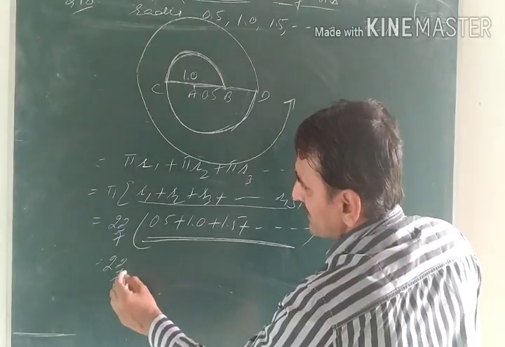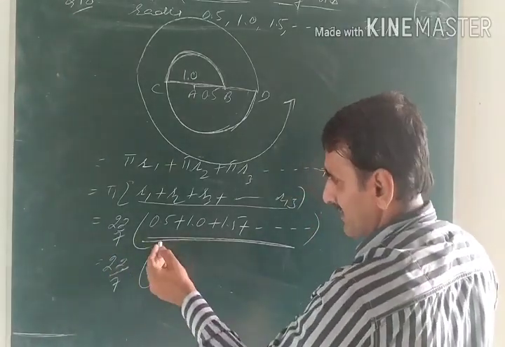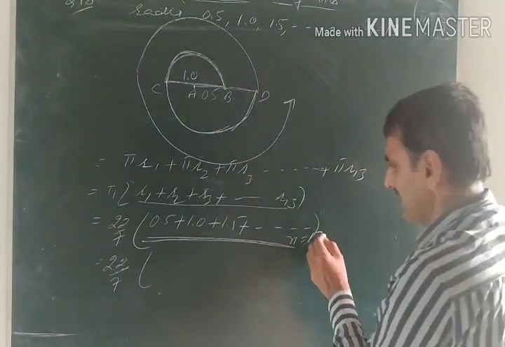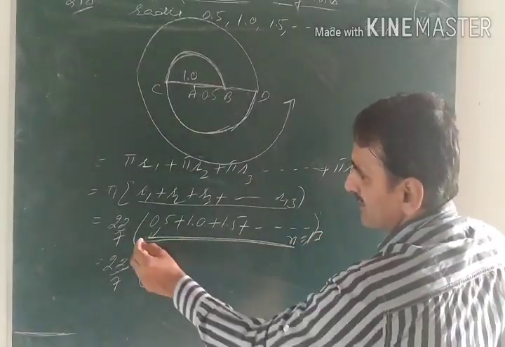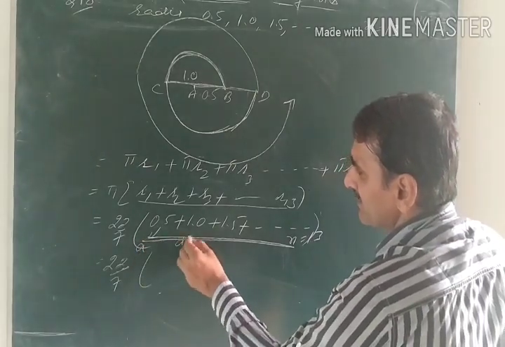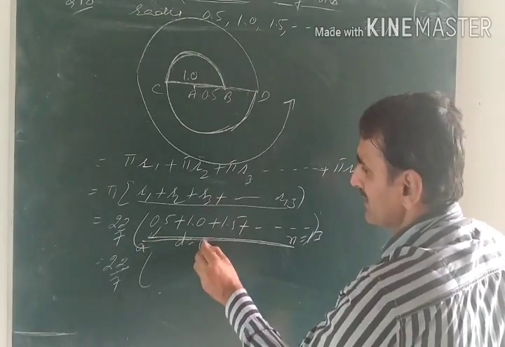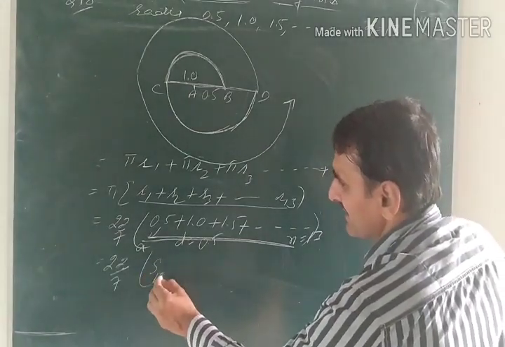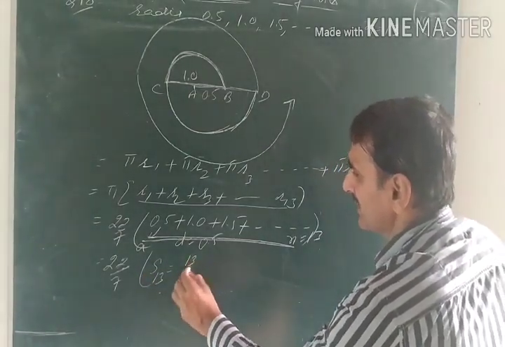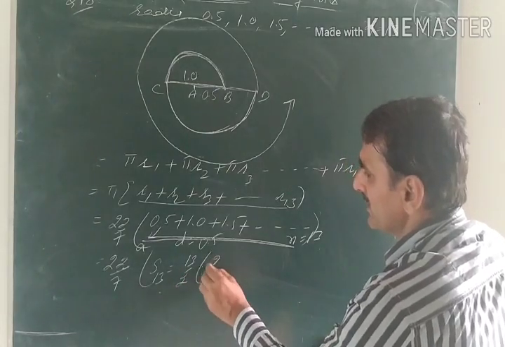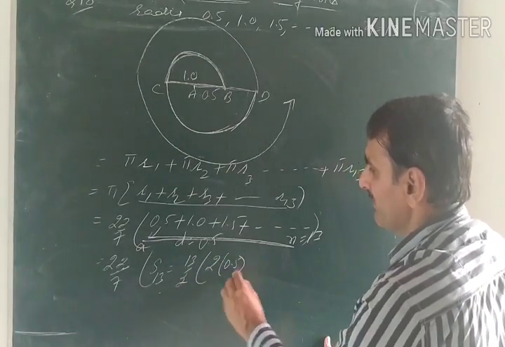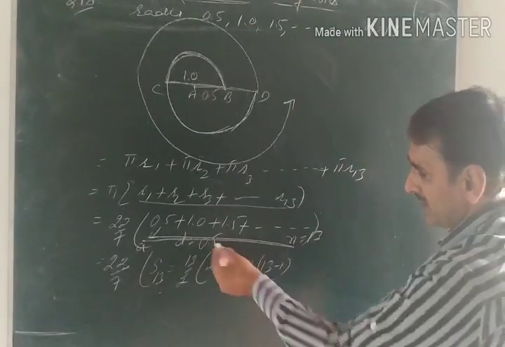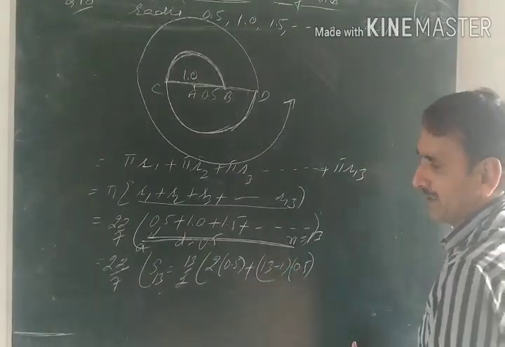Here n is equal to 13, A is 0.5, and D is 1 minus 0.5, which is 0.5. So use S13 equals 13 by 2 into 2A, 2 into 0.5, plus (13 minus 1) into D, again 0.5.